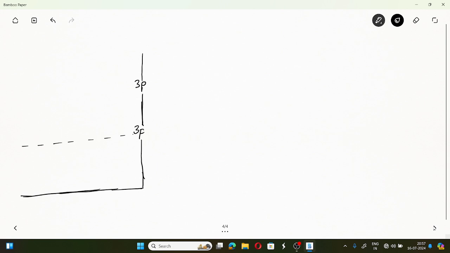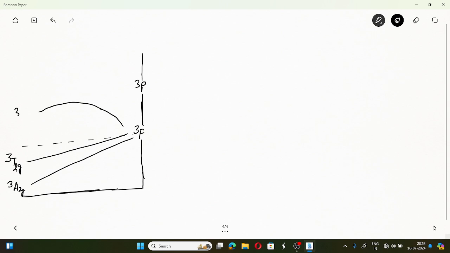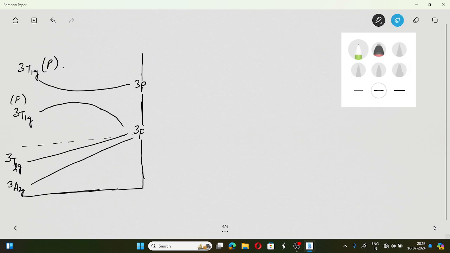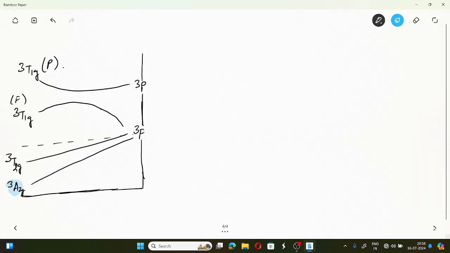Right? So this will be triplet A2G, triplet T2G, and then triplet T1G from F and triplet T1G from P. So the ground state term is capital A. So the ground state term, you can well understand it is capital A, isn't it?